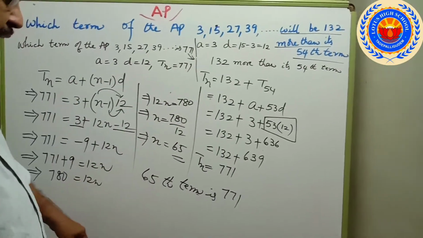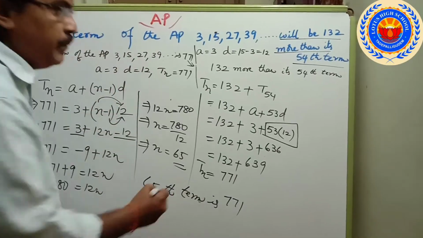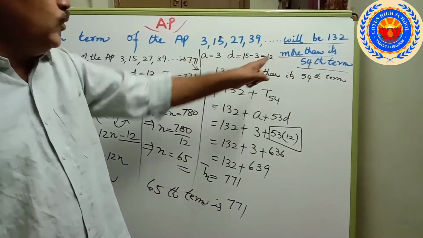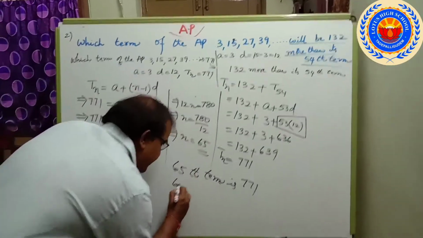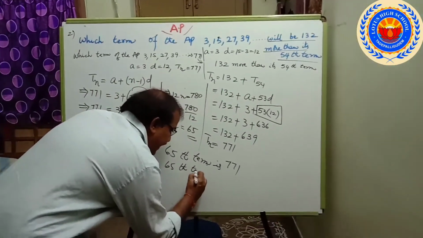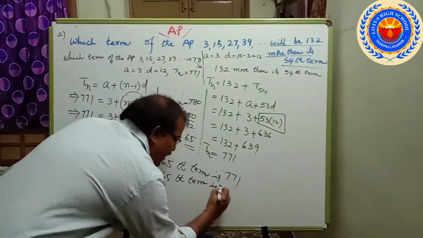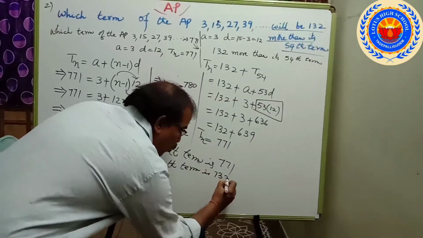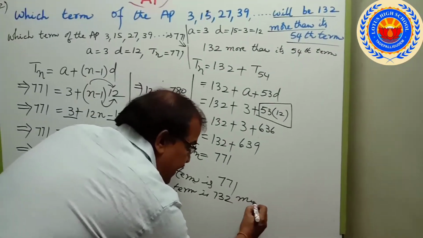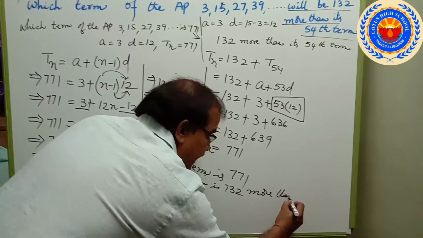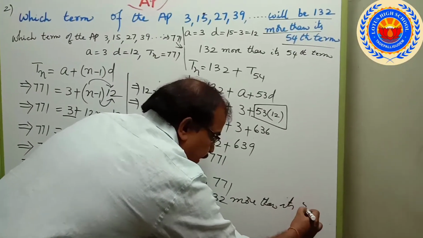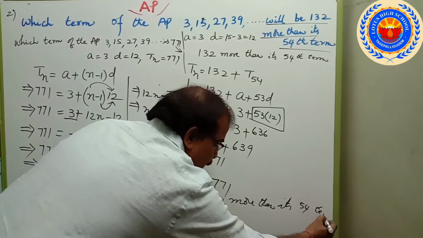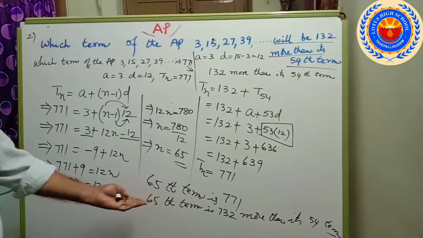Otherwise, we can say the 65th term is 132 more than its 54th term. You can say the 65th term is 132 more than its 54th term. Both are the same.